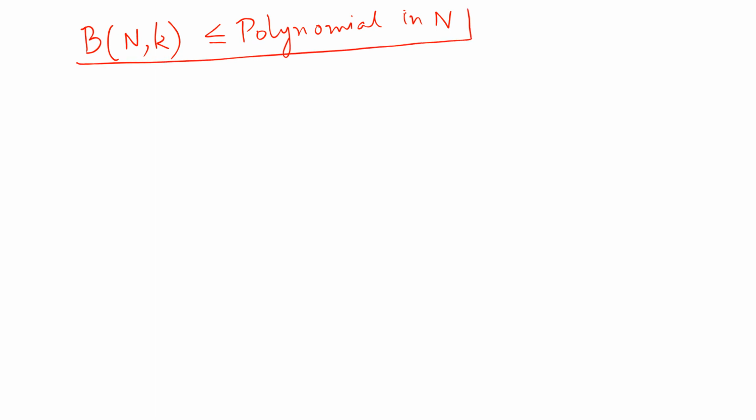Let me redefine B_n of k so that we are clear on what this was doing, right? So this is the maximum number of dichotomies on n points so that no subset of size k is shattered, right? And now we know that it is bounded by some polynomial in n, right? Great news for us.